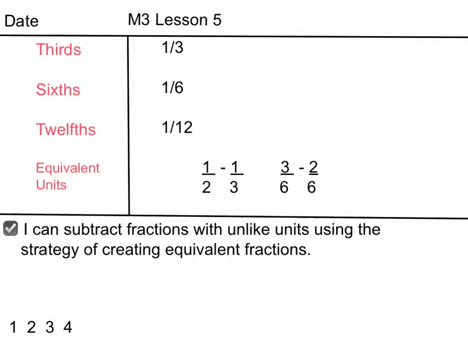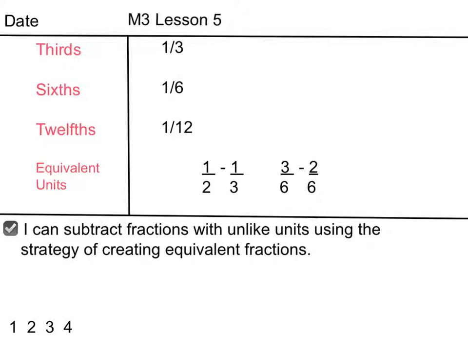The fractions we're going to be using are thirds, where you have your denominator with the 3, sixths, where the 6 in your denominator is present, and then twelfths, and you have a 12 there. Okay, so thirds, sixths, and twelfths.